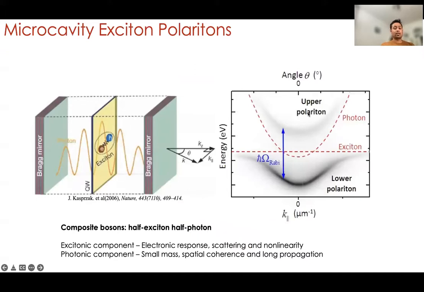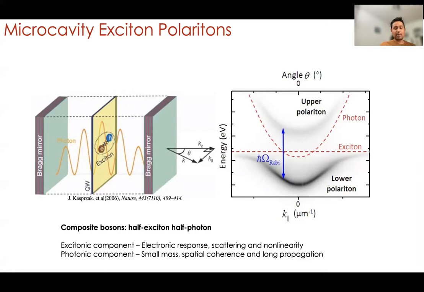So what are polaritons? Polaritons are hybrid excitations between light and matter. There are many ways of making polaritons, but in my talk, I'm going to focus on microcavity polaritons, which are made by sandwiching a material which hosts the exciton in between two mirrors.